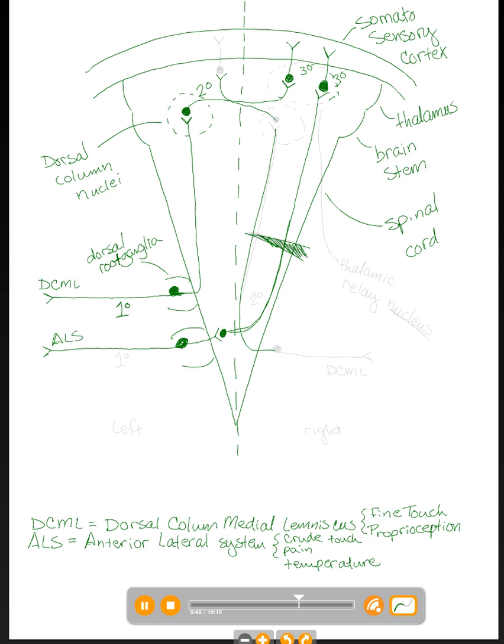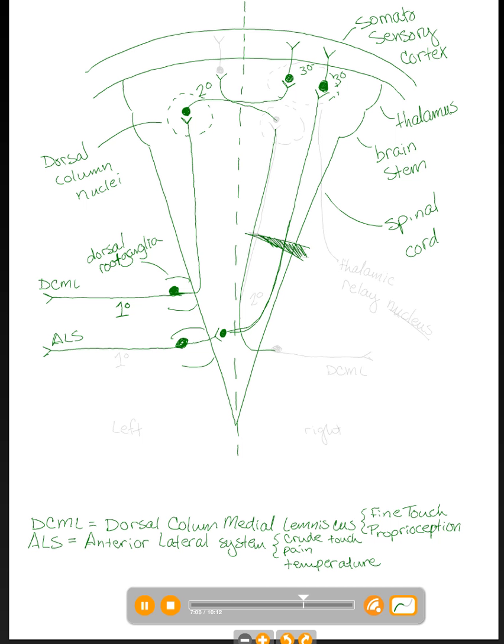Its cell body is going to be right here, again in the dorsal root ganglia, and it's going to enter the spinal cord. The difference is it synapses onto the second order neuron way down here, wherever it enters the spinal cord.